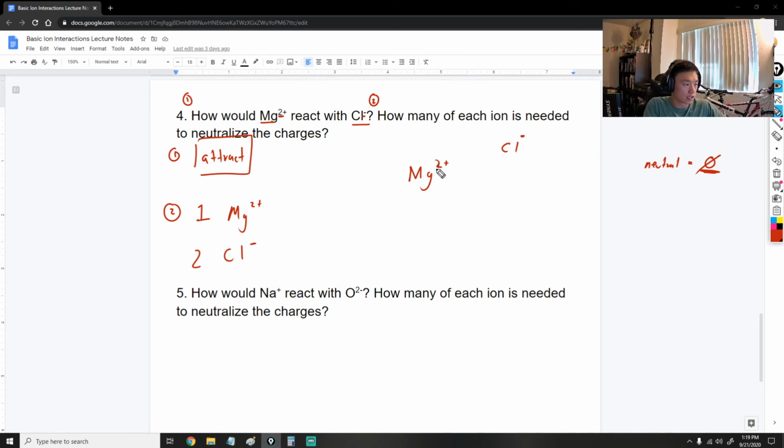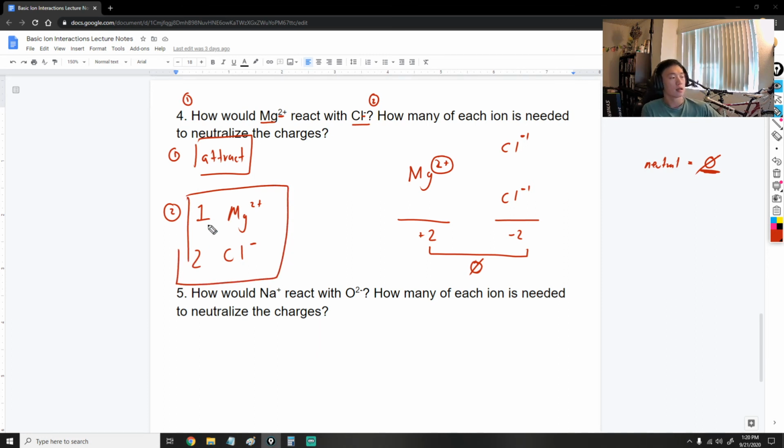So in order to cancel this out, you're going to need another one. You're going to need 2 Cl's, right? Because here the net charge is positive 2. But on this side, you have negative 1 and negative 1, which is negative 2. And if you put these together, it's going to be 0. Okay, so the second part of the question, you're going to need 1 Mg2 plus and 2 Cl minuses.